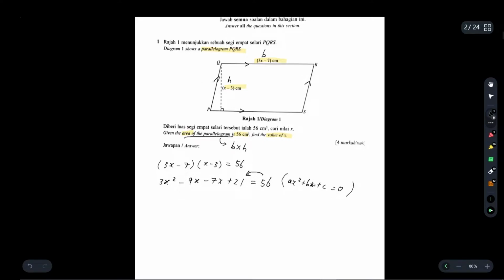So we'll have 3x squared minus 9x minus 7x plus 21 minus 56. So 3x squared, negative 9 minus 7 will have negative 16x, and then 21 minus 56 will have negative 35.